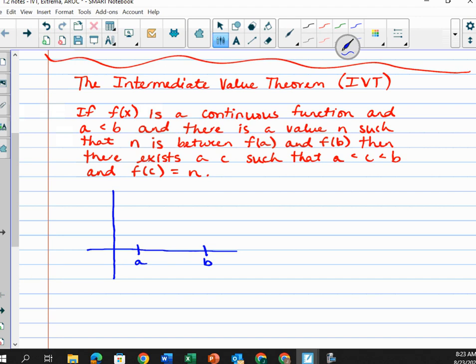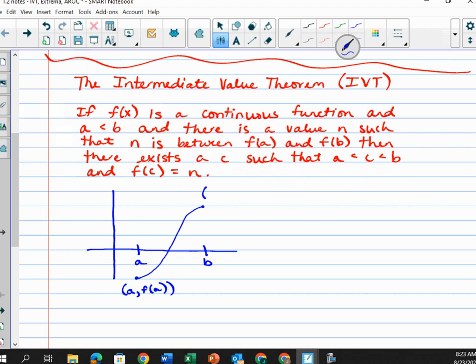Then it says there's a value n such that n is between f of a and f of b. All right, f of a and f of b, those are just the y values that correspond to those points, and n is somewhere in between them. So I'm going to draw a little graph here. I'll put an endpoint there, something like that. Would you agree this first point, the ordered pair, would be A, f of A?